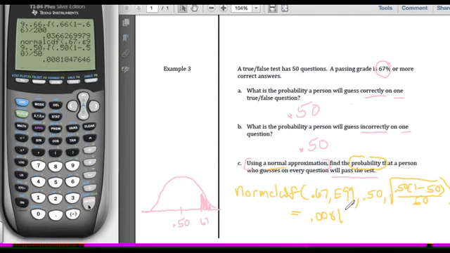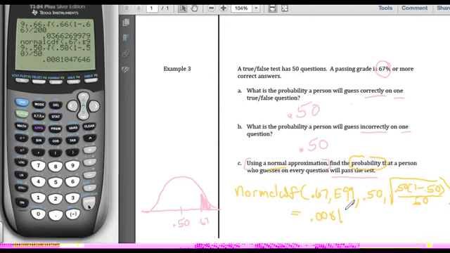So that's why it's important to study, to have an idea of what you're going to be tested on before you go into the test.